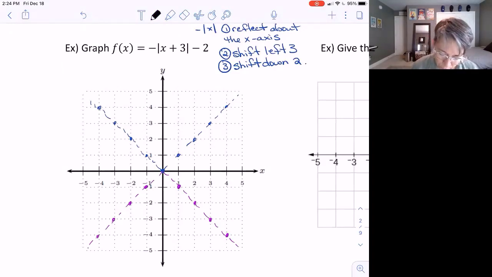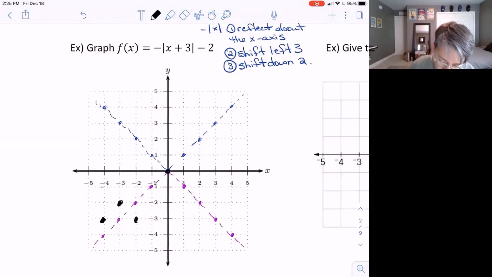I'm going to start at my origin here, and I'm going to shift it to the left 3 and down 2 right there. And my next point on the left, I'm going to shift it left 3 and down 2 here. And if you remember, we haven't really stretched or compressed anything, so all of those slopes are going to be the same.